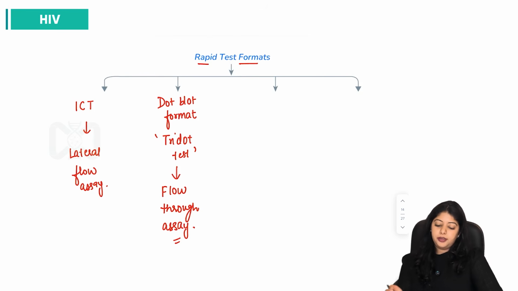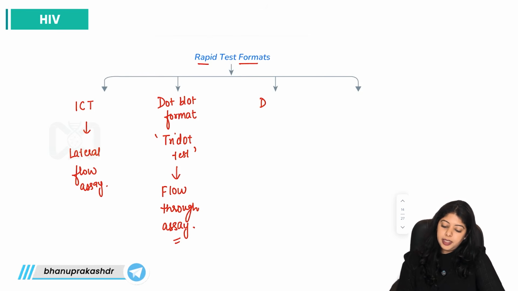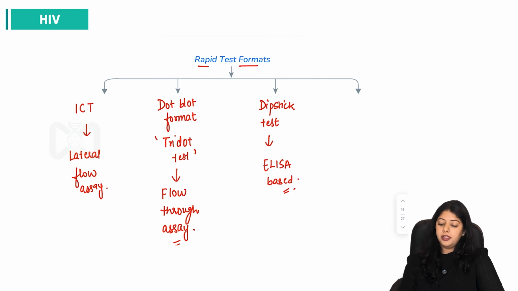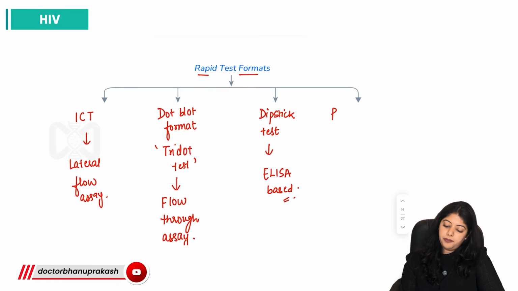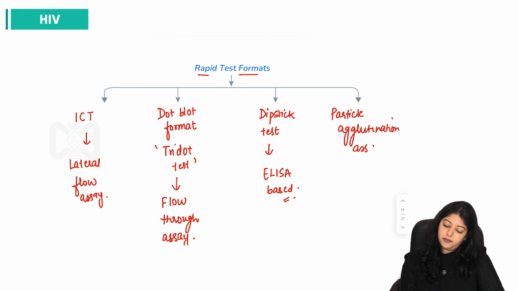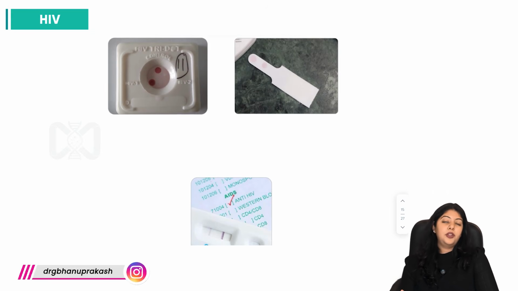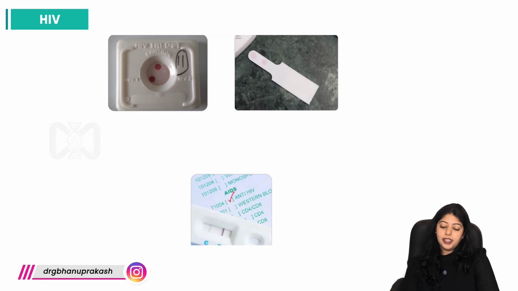The third one is dipstick test, which is ELISA based. Right? And the fourth one is agglutination. Right? So these are the three measures which you might get as IBQs in your exams.